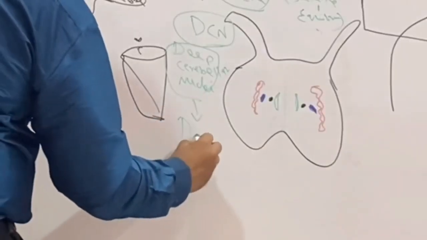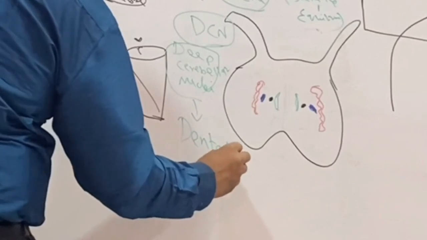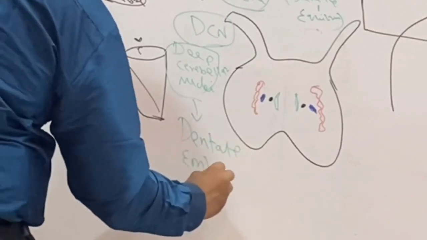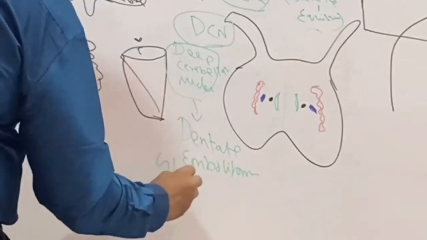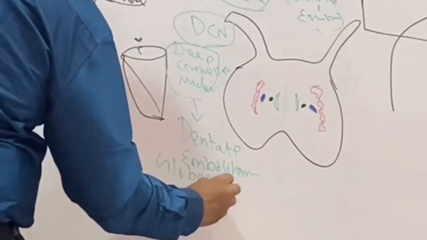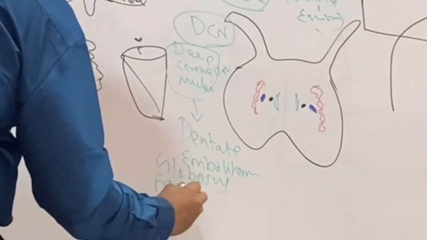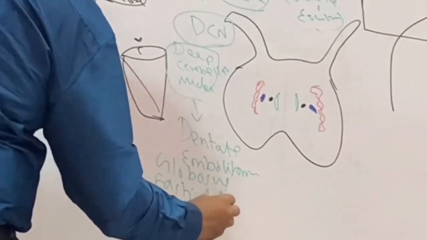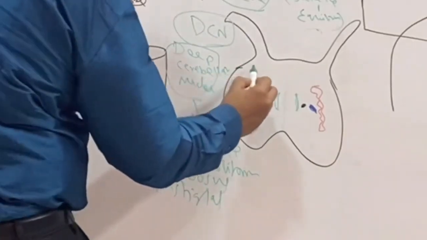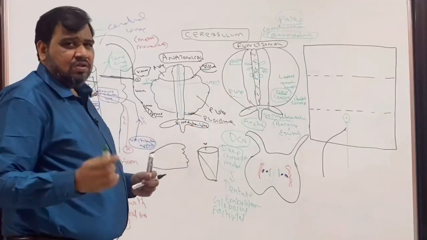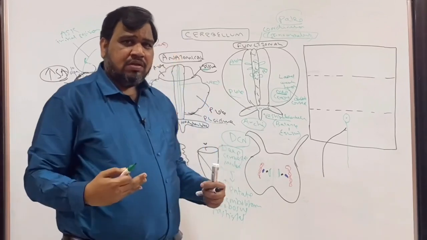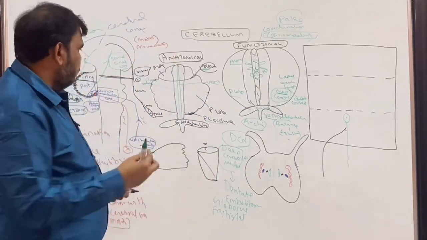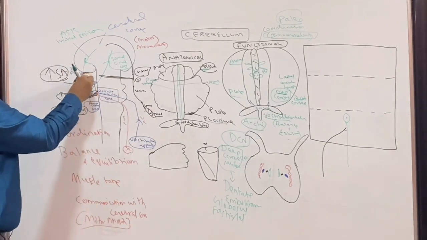They are called the dentate nucleus, emboliform nucleus, globosus, and fastigial nucleus, from lateral to medial. I am now naming the deep cerebellar nuclei, which are present inside the white matter, the central portion.